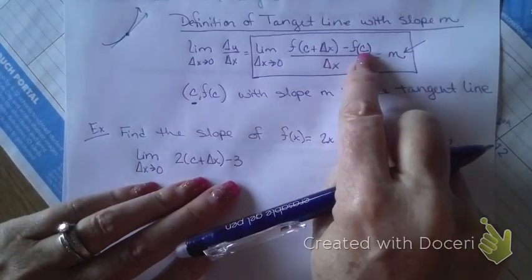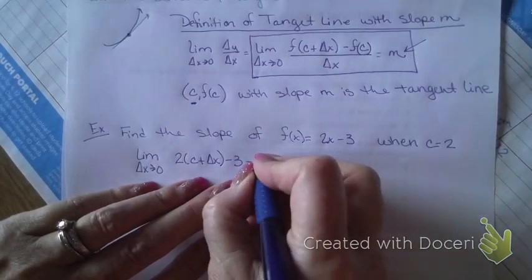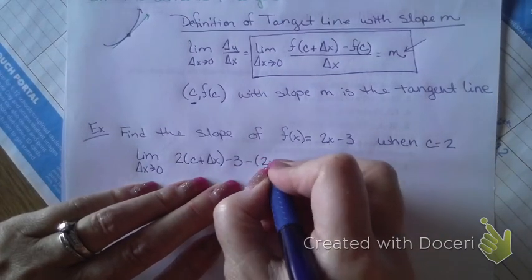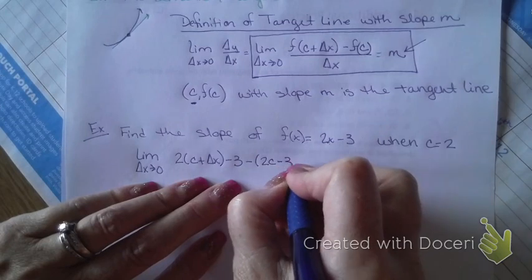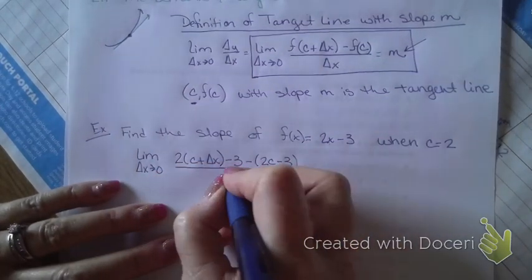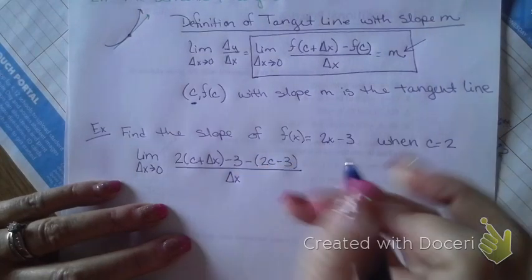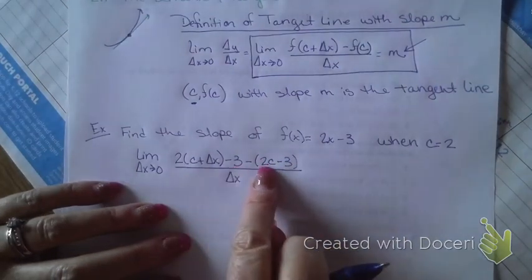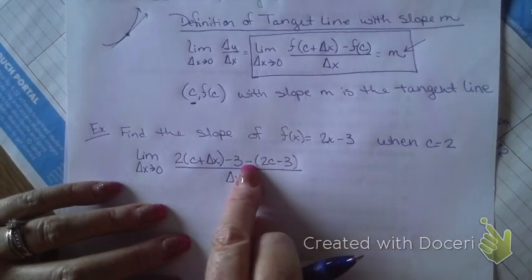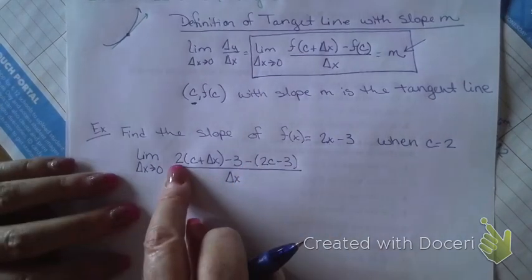Minus f of c. So now I plug in c: negative 2c minus 3, all over the change of x. Now, this is important because do I have to have these parentheses right here? Yep. Because I have to do what with that negative? Distribute. So I need to distribute the 2.